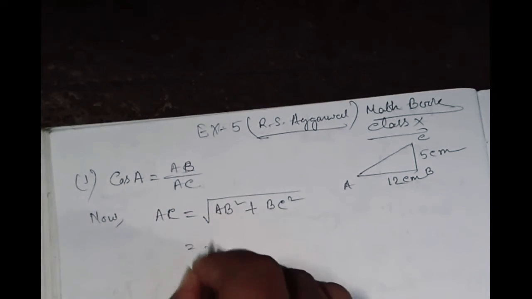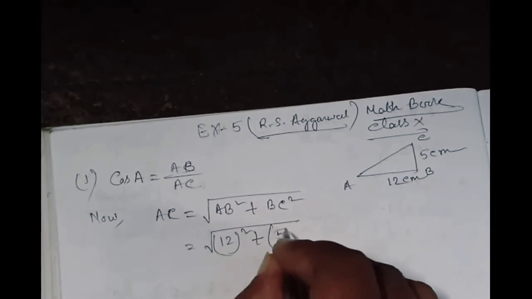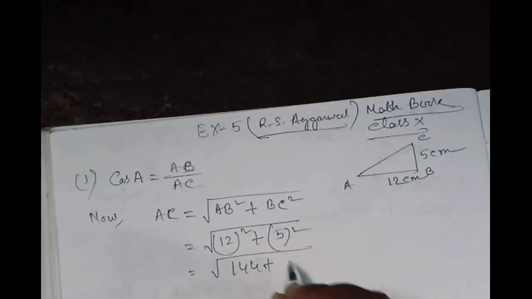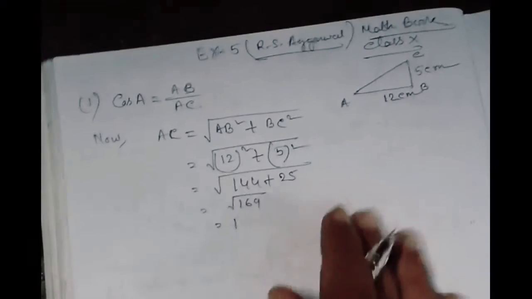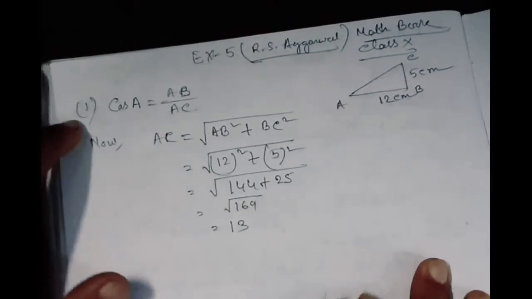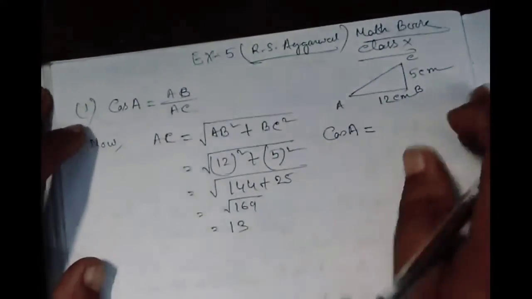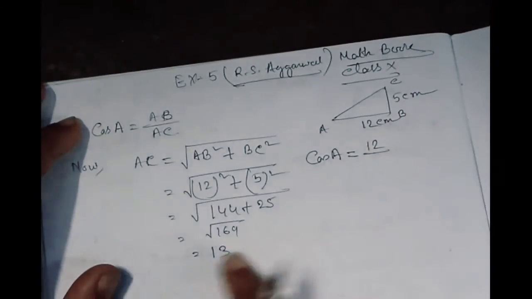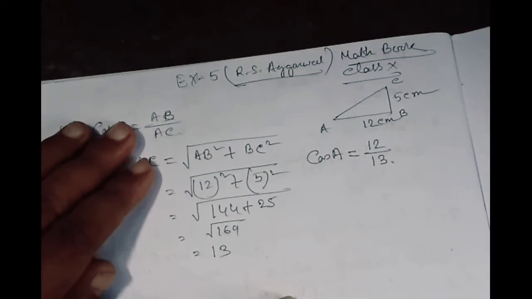So that means 12 square plus 5 square, that means 144 plus 25, that's equal to 169, so that's equal to 13. So cos A is equal to AB by AC. AB means 12, AC means 13. So cos A is equal to 12 by 13.